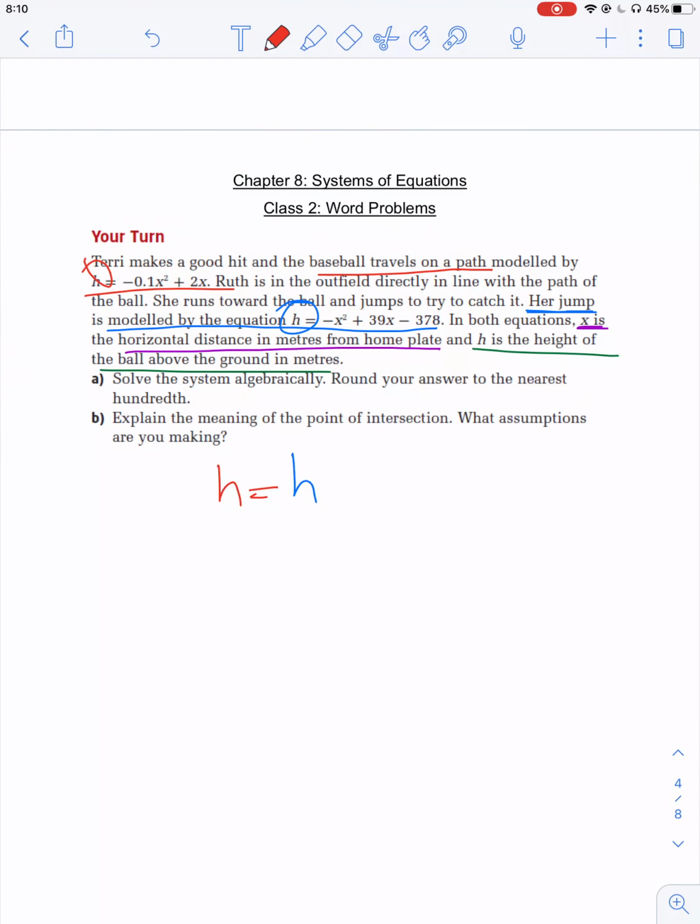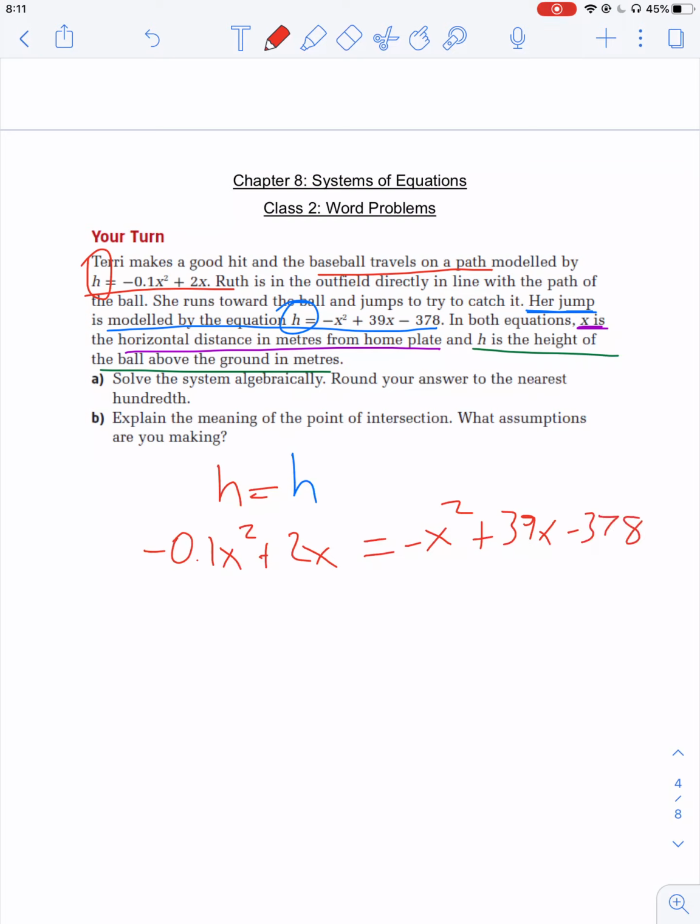Both of them are going to have the same height for her to be able to catch the ball. So this one is minus 0.1x squared plus 2x, and I'm going to make this equal to minus x squared plus 39x minus 378.